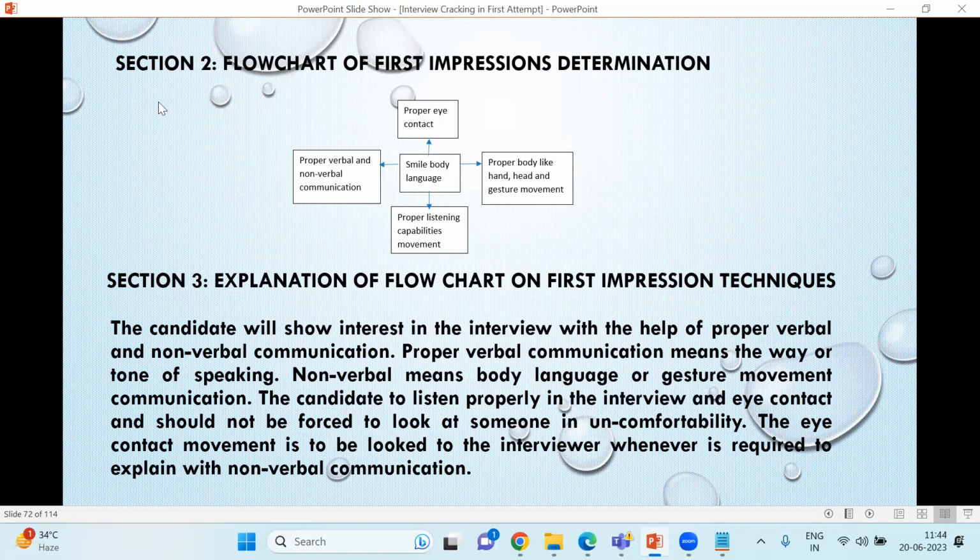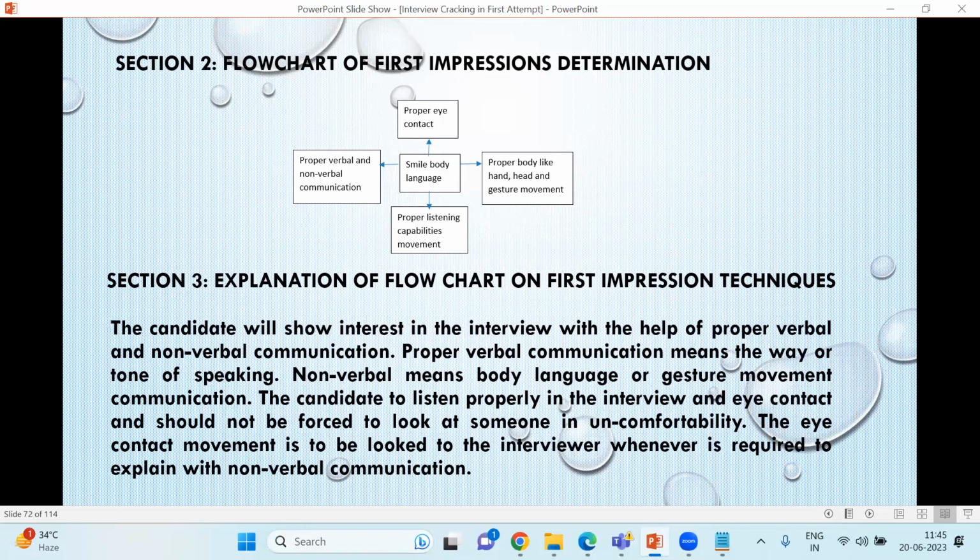Fourth category: proper body movement, like hand, head, and gesture movement. While talking, the candidate should use proper movement of the head and body language like hand movement, explaining or giving an example or recollecting an idea.